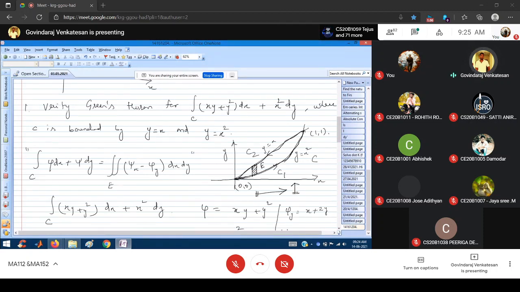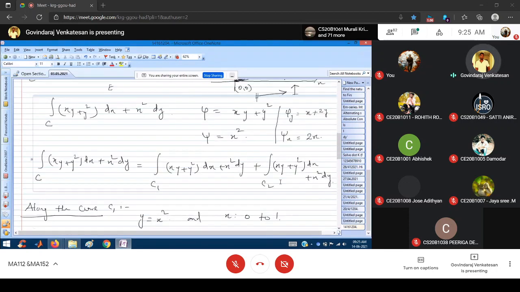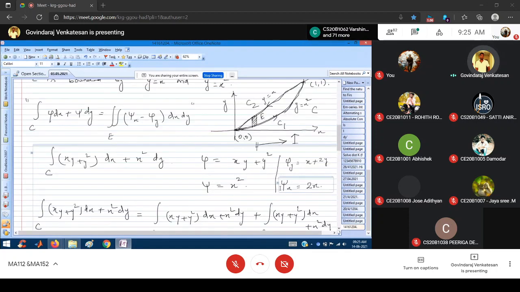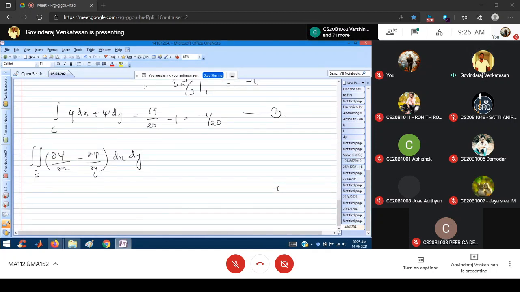By using that idea, we can find the lower limits and upper limits for x and y. So the double integral equals this double integral. You know the value of psi x is 2x, and the value of phi y is x plus 2y, into dx dy.